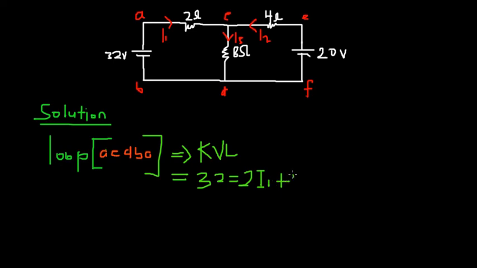So we have I3 multiplying 8 ohm. We could just make it 8 I3 or I3 times 8 ohm, it doesn't matter. So this is our first equation.